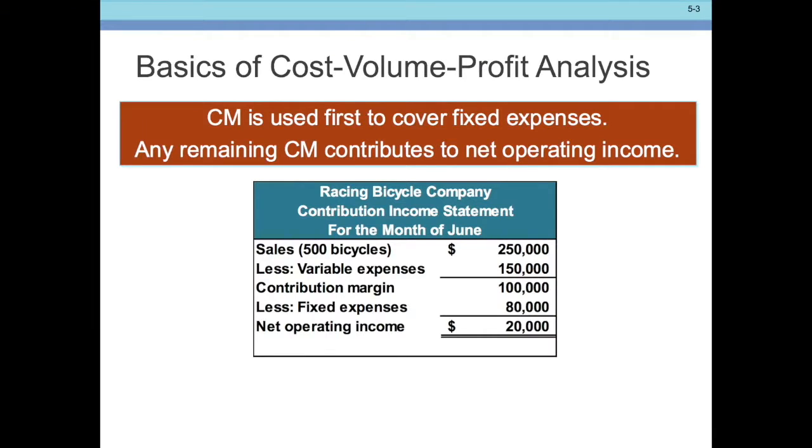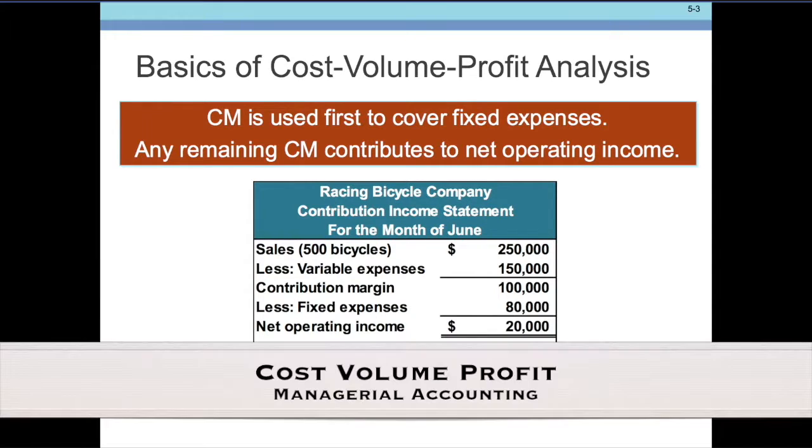And everything I make over that goes towards covering my fixed costs. So contribution margin is used to first cover fixed costs, and then anything after that remains for operating expenses. Now, what could we do with this? Instead of it being a big number like 80,000 or 100,000, we can turn it into unit contribution margin, and then use it to figure out how many units we need to sell to cover our variable expenses, our fixed expenses, or even break even.